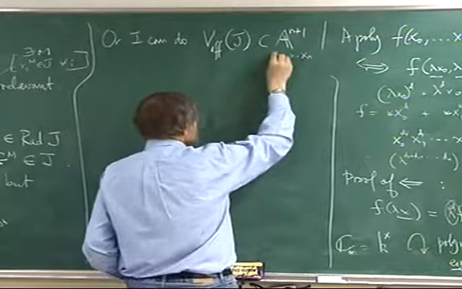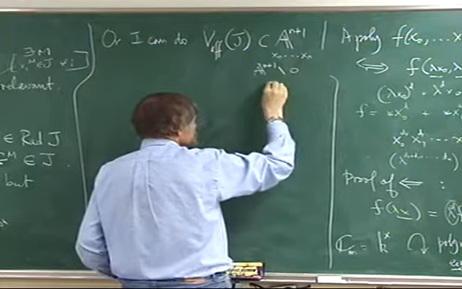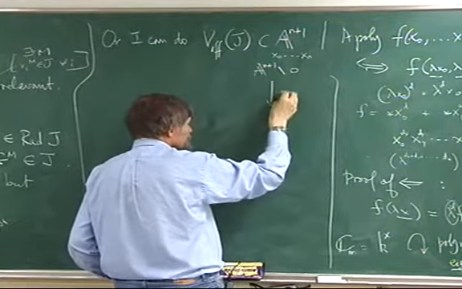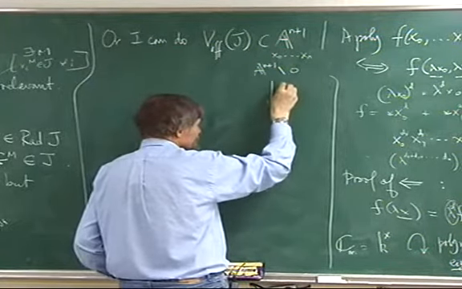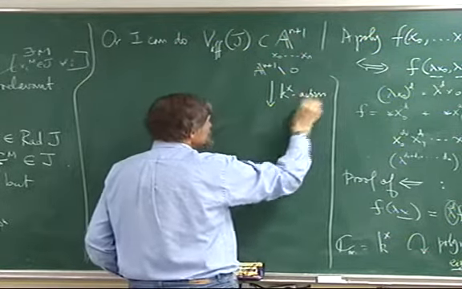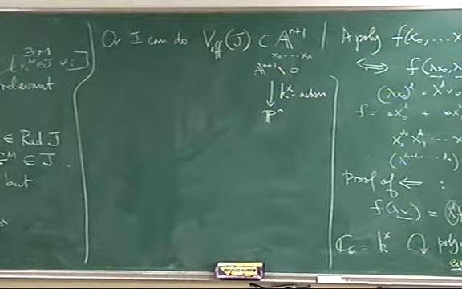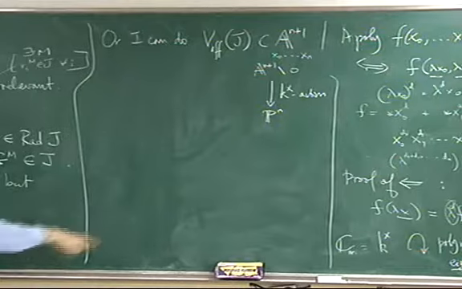So I have to take affine n plus 1 minus the origin, and then divide out by the action of k multiplicative to get Pn. Okay, so how are these two related?